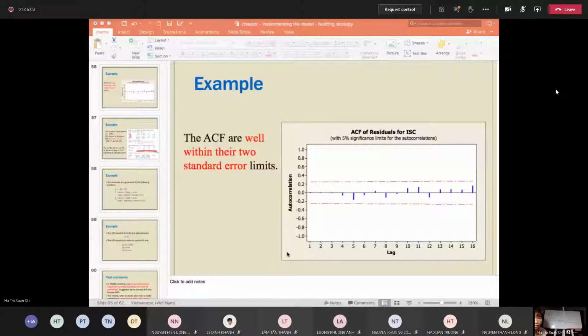You should check the model, the autocorrelation and partial autocorrelation of MA, AR and mixed model.